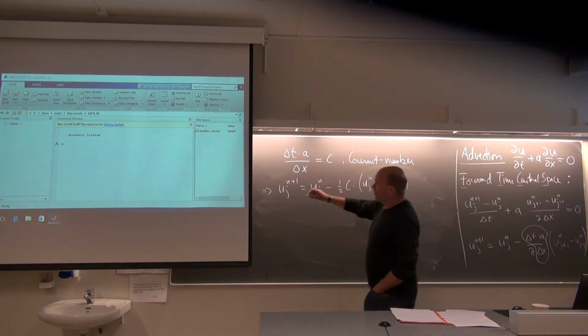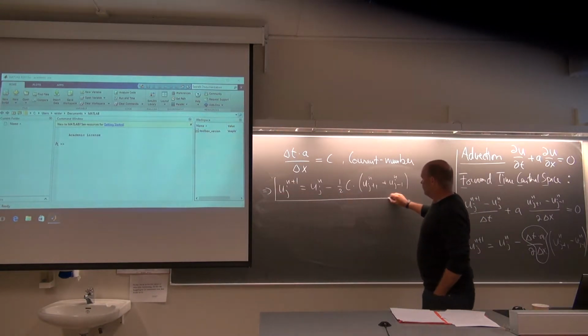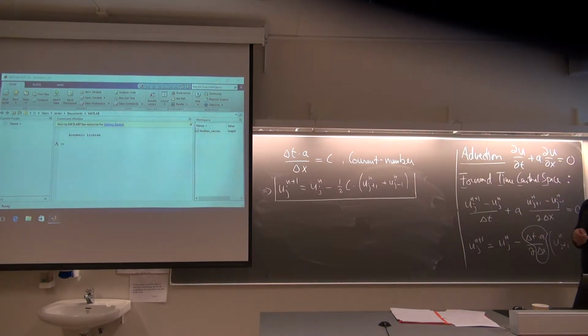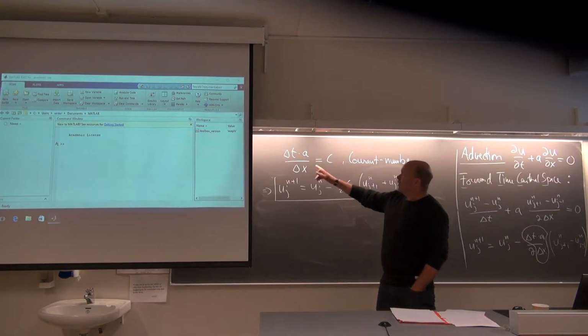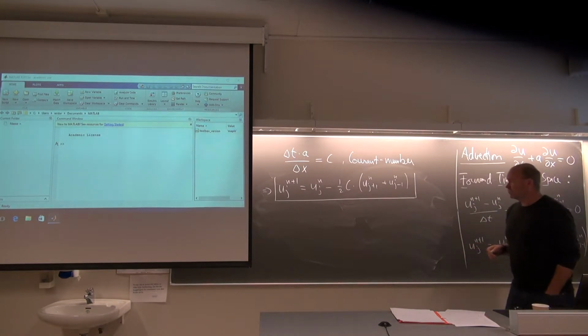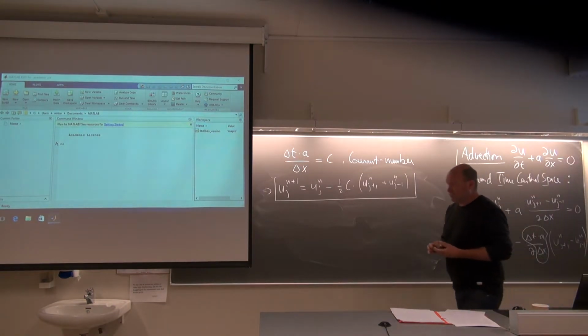So this is my recipe, this is my numerical stencil, and this one shouldn't be any problem, should it? Now the question is, how big time step can we use here and still get a solution? That is the question.